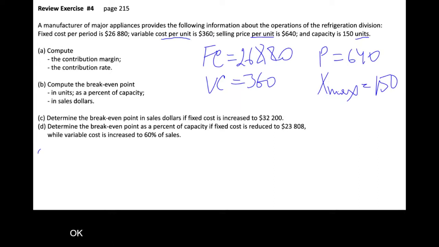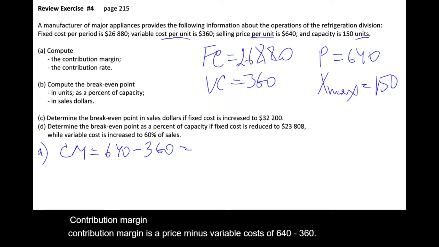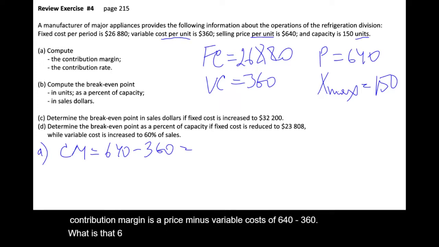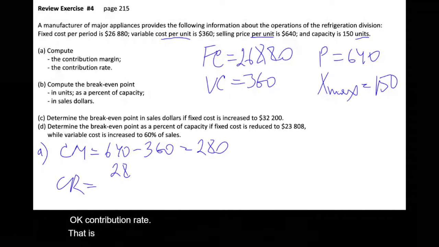Okay, let's answer. So A, contribution margin. Contribution margin, it's a price minus variable cost, so 640 minus 360. 640 minus 360 is 280. Okay, contribution rate, that is 280 over 640.